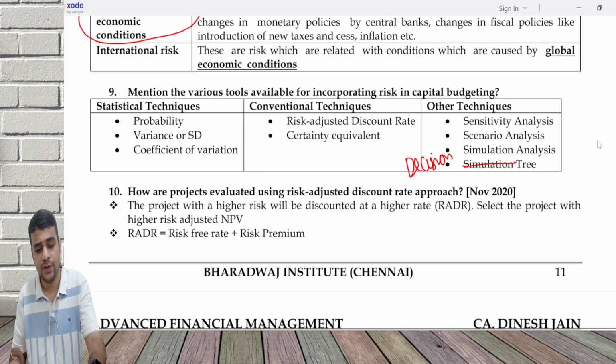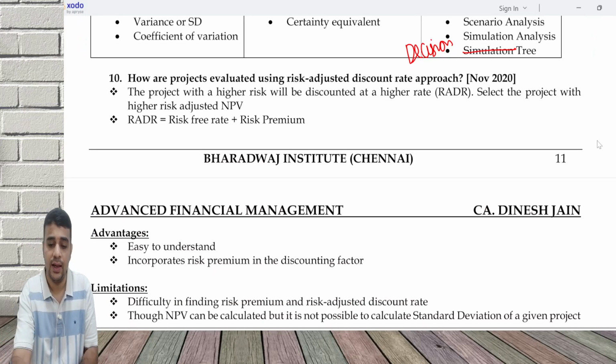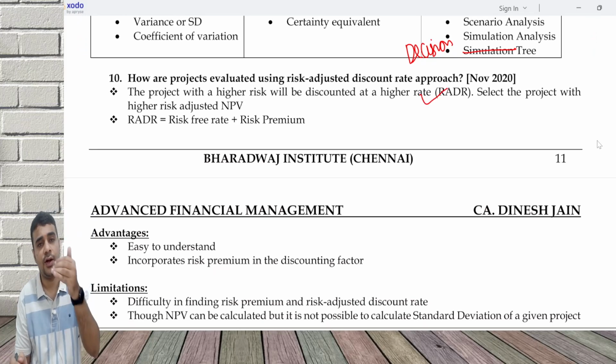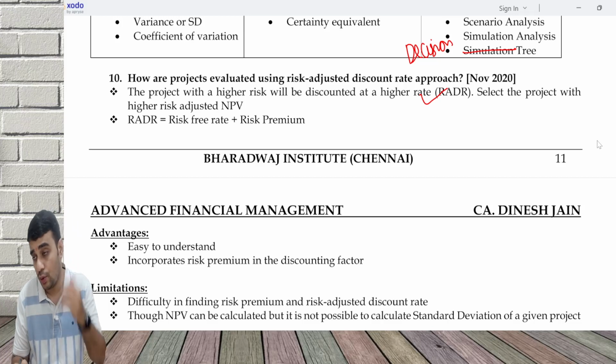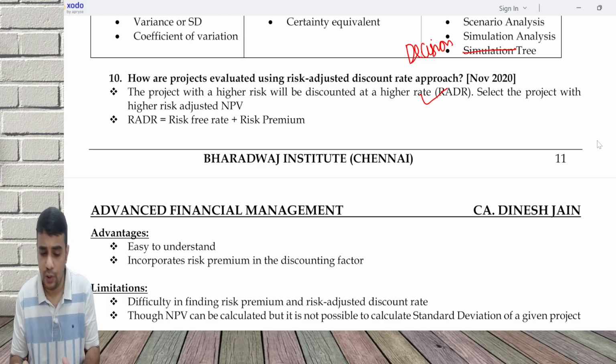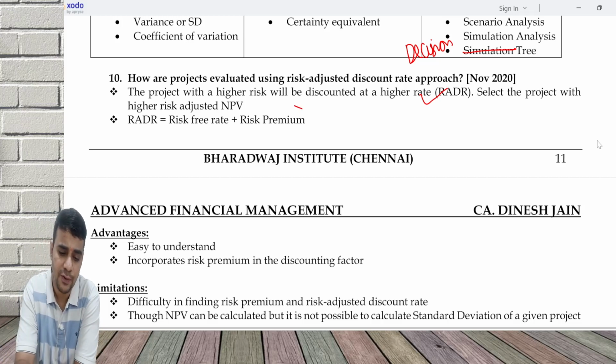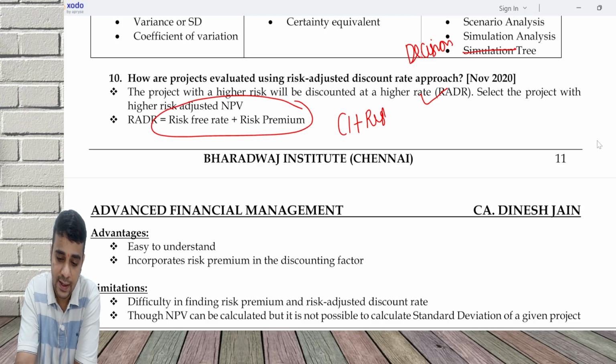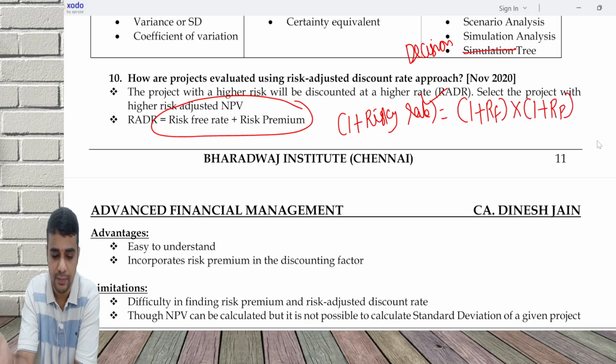The basic formula is risk-free rate plus risk premium, or you can extend the formula as 1 plus risky rate, because percentages cannot be added, is equal to 1 plus risk-free rate into 1 plus risk premium.